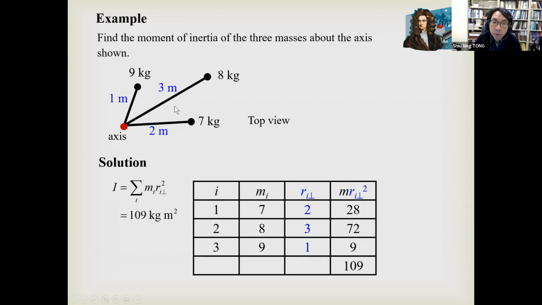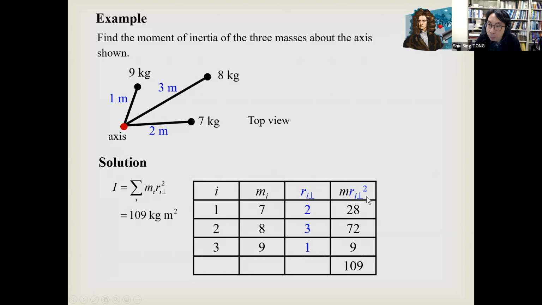And what are the distances from the axis? R1 perpendicular is 2, right? And R2 perpendicular is 3. R3 perpendicular is 1, right? So I write them down. And sorry, I have a typo here. It is M_i R_i perpendicular square. I missed a subscript. Please help me fill it up.